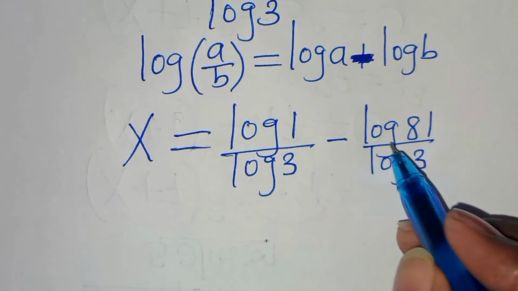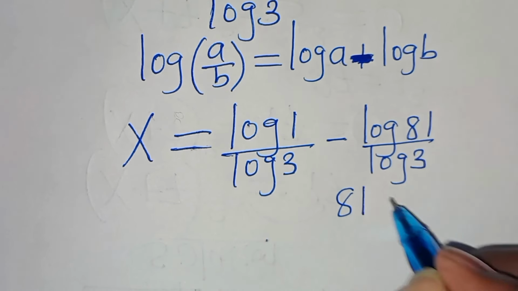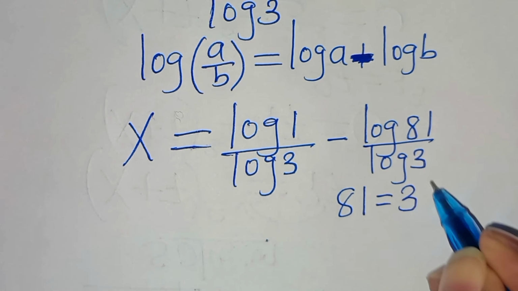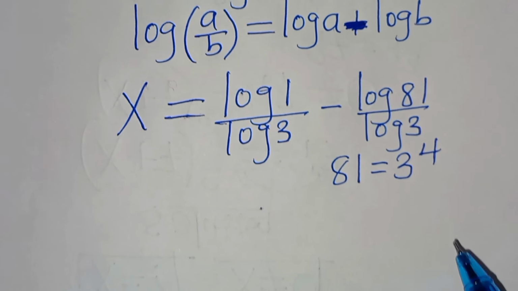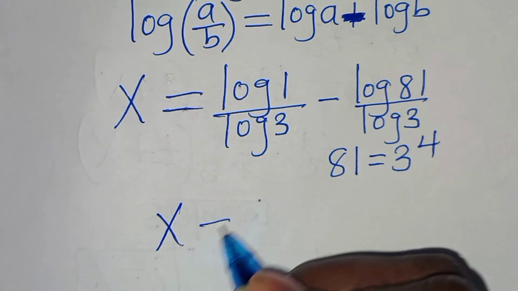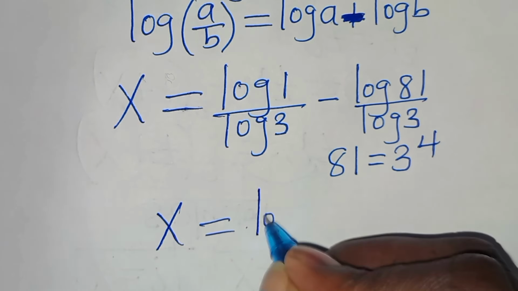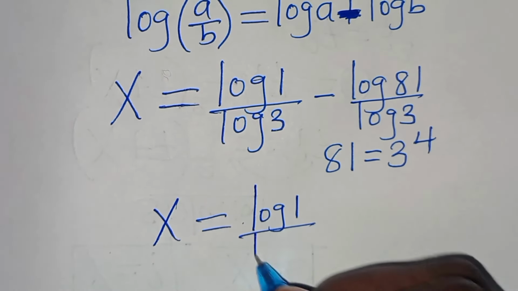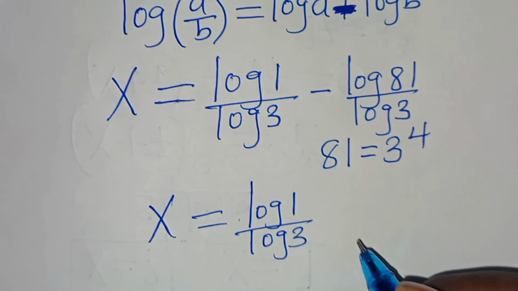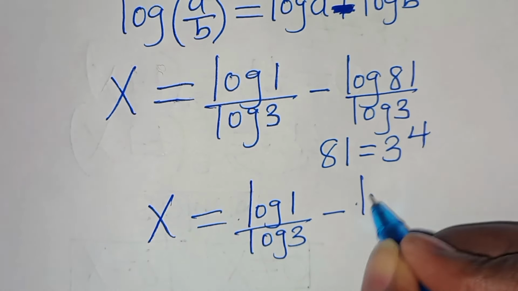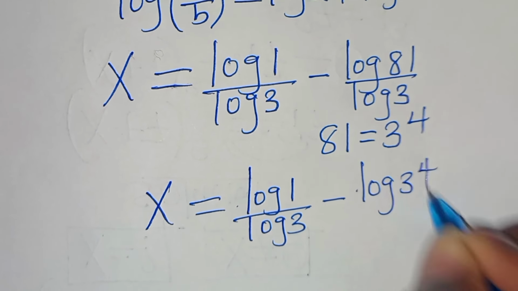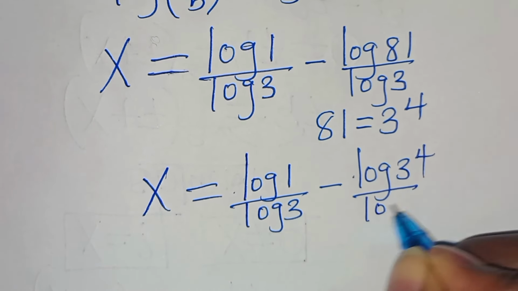The next step is that we can express 81 basically as 3 to the power of 4. So we have here x is equal to log 1 over log 3, then subtract log 3 to the power of 4 divided by log 3.